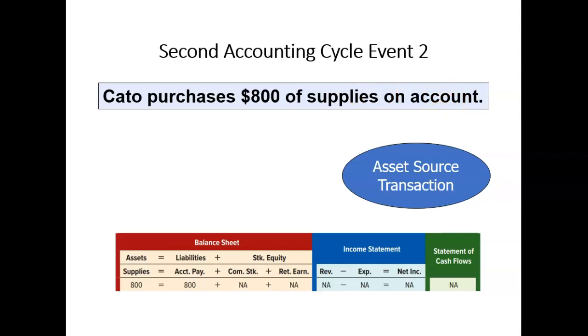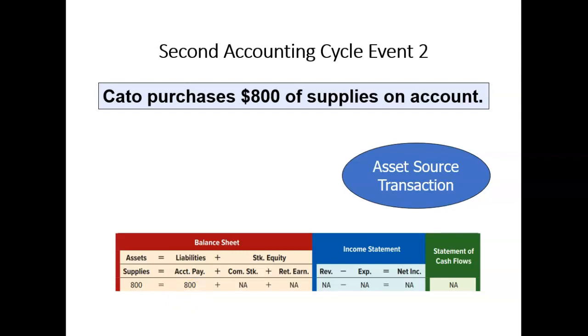We still owe for the supplies. We have a liability. There's an account called accounts payable that shows money owed to our suppliers. Again, accounts payable shows money owed to our suppliers. So the assets section increased by $800, but your liabilities also increased by $800.